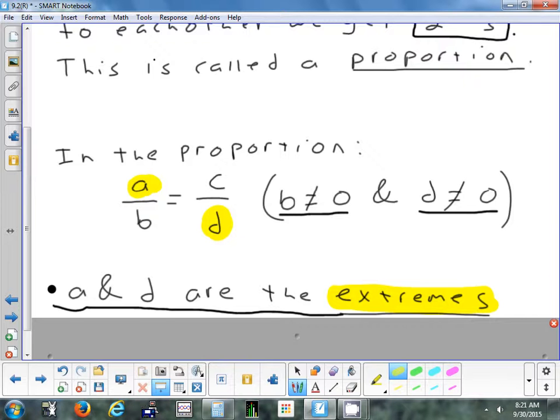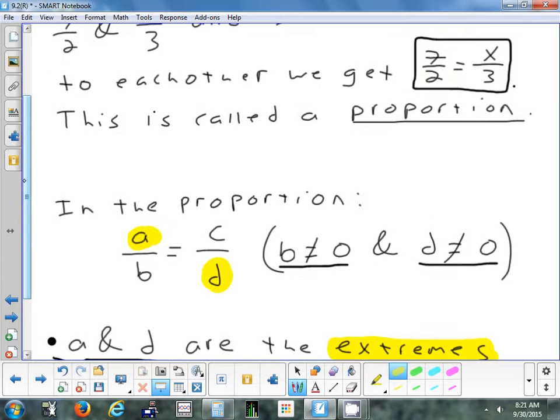Any question on that? So what would be the extremes in that proportion that the box is around right here? 7 and 3. 7 and 3 are what we call the extremes. Questions?